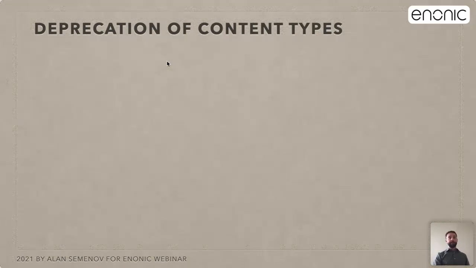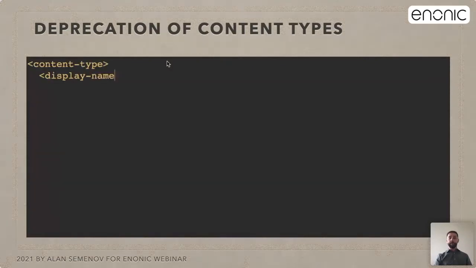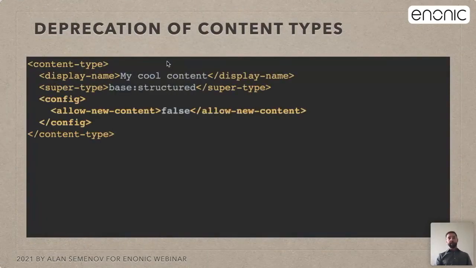Let's start with a simple but very anticipated feature of being able to hide or deprecate content types. For example, you have some old, outdated content types you no longer wish to use, and you no longer want to see them in the new content dialog in the Content Studio. Obviously, you cannot just remove them from your application because you will no longer be able to open or preview the content based on these types.